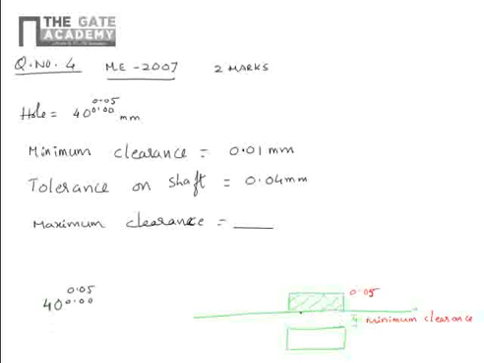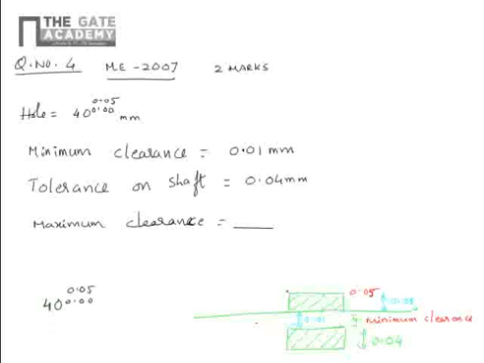Minimum clearance is 0.01. So that value is 0.01 and this value is 0.05, the distance from basic size. And what about the tolerance of the shaft? He has given tolerance of the shaft as 0.04. That means this value is 0.04, tolerance of shaft.